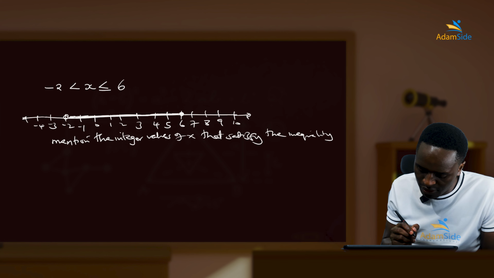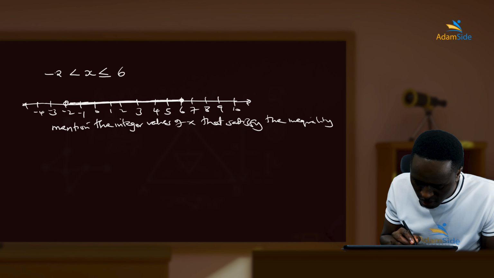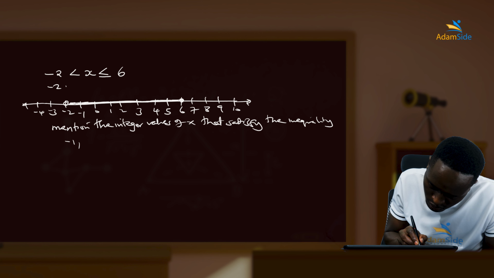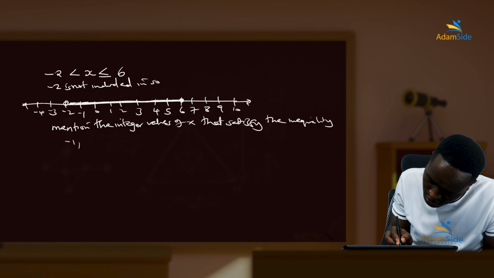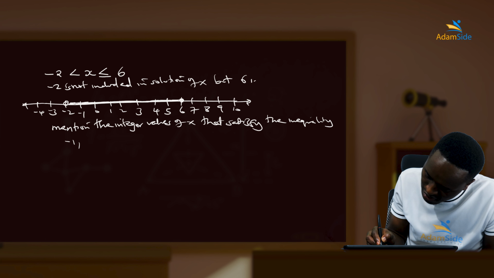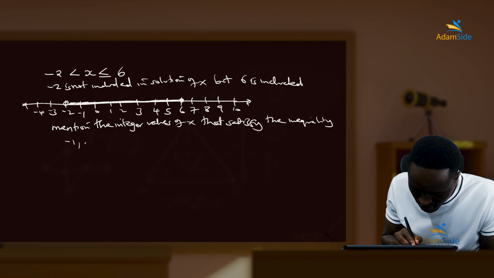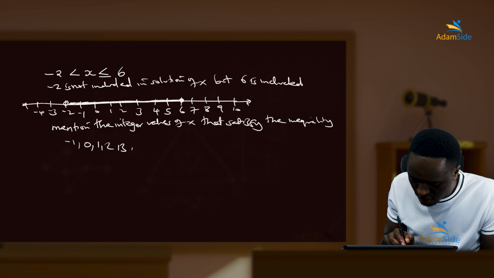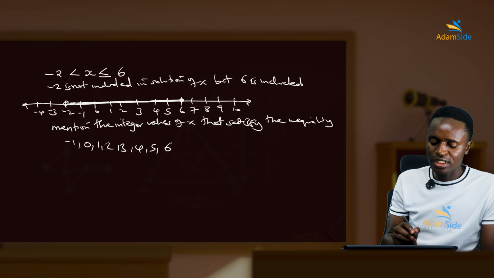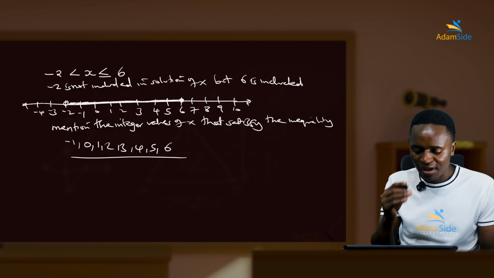So you will obviously say -1, because -2 is not included in the solution of x, but 6 is included. So you say -1, 0, 1, 2, 3, 4, 5, and 6, because it's included. So these are the integers that satisfy the inequality.